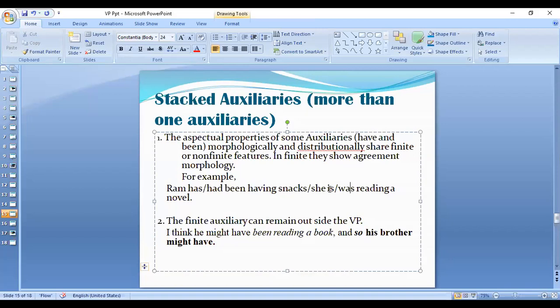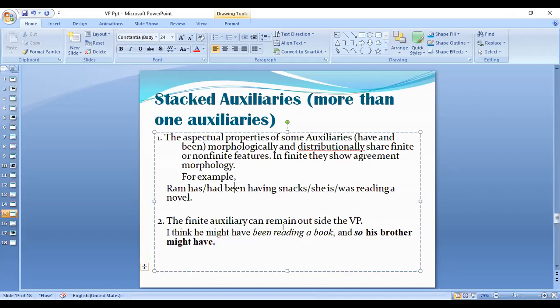With these two stacked auxiliaries, and "reading" here, actually making differences in meaning because of this "been" and "was", the be verb. And here, "has been" and "had been". Because of the stack of the auxiliaries, it is making differences in the aspect of the sentence.